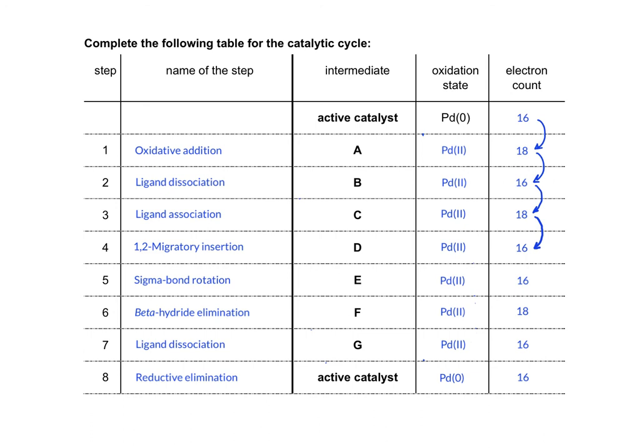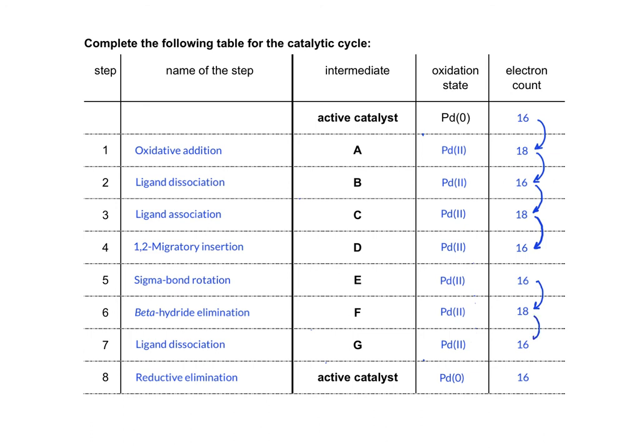In order for beta hydride elimination to occur, which is the microscopic reverse of the 1,2 migratory insertion reaction, this step requires an empty orbital on the metal, as the formation of 2 ligands, one charged and one neutral, from a single charged ligand in intermediate E, increases the electron count by 2 electrons.